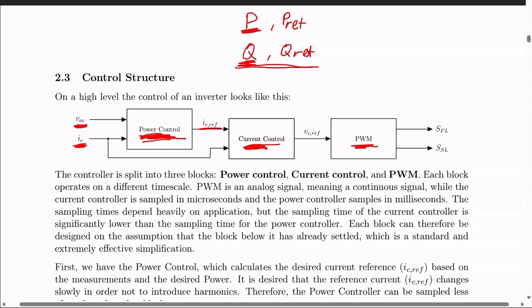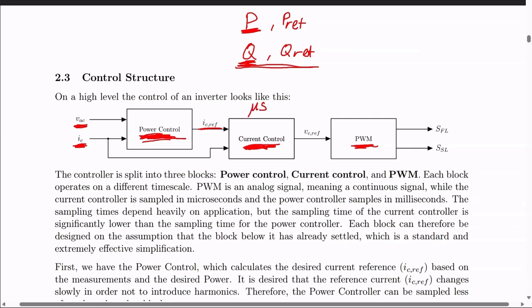The PWM is analog, so it doesn't have a sampling time; it is continuous. The current controller is very fast, in the microseconds. It depends very heavily on the application, but it's usually some microseconds.